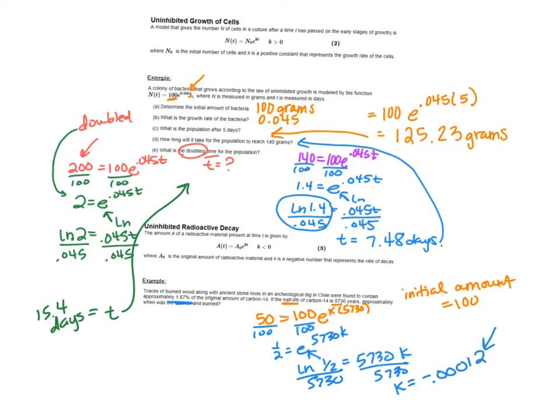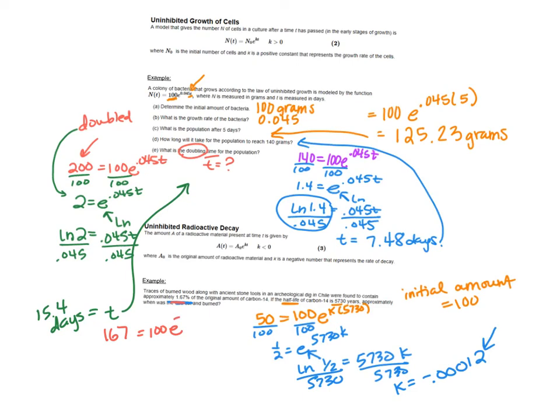So I could do the same idea. I could say 100 as my initial amount. And if I wanted to take 1.67% of the original amount, then I would end up with 1.67. All right, so I'm going to set that equal.